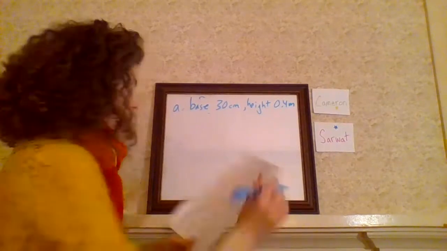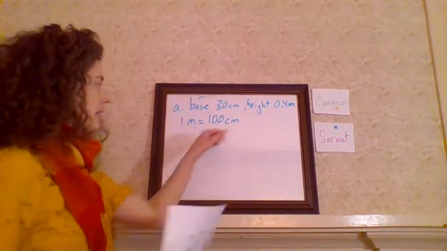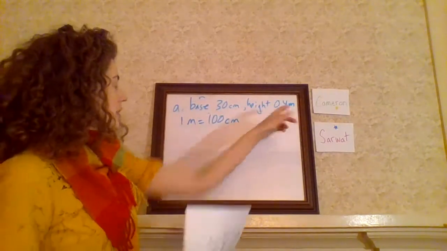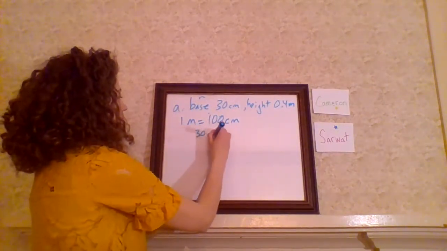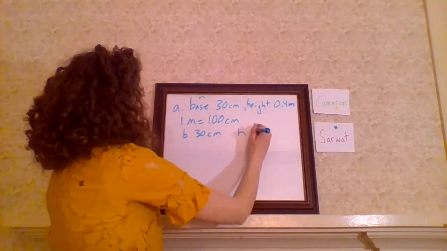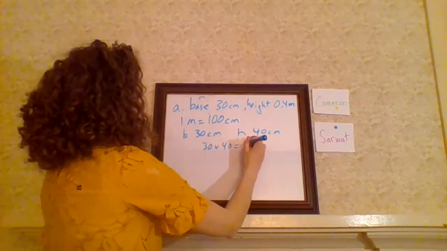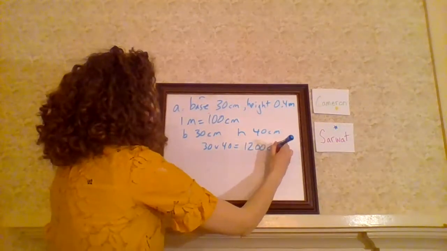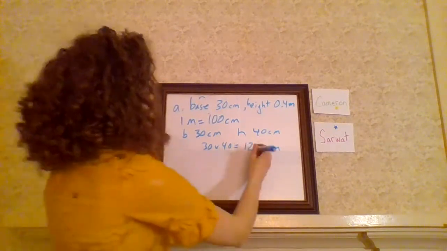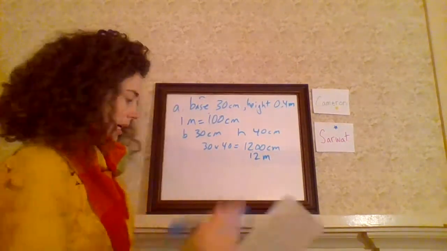Remember that 1 meter equals 100 centimeters. You need to have 100 centimeters before you have a whole meter. So why don't we change this into centimeters? We'll have 30 centimeters for the base, and then the height will be, we have to move that over 2 spaces, so 40 centimeters. So 30 times 40 is 1,200 square centimeters. Or we could say it's 12 square meters.